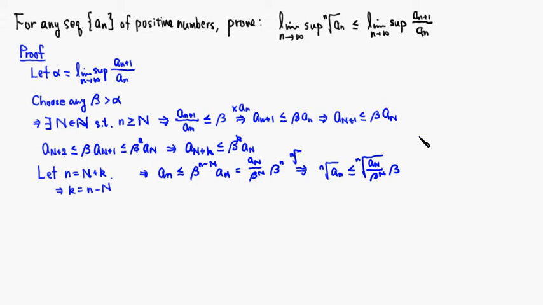Lastly, we can take the limit. So the lim sup as n approaches infinity of the nth root of a_n is less than or equal to the lim sup of this.